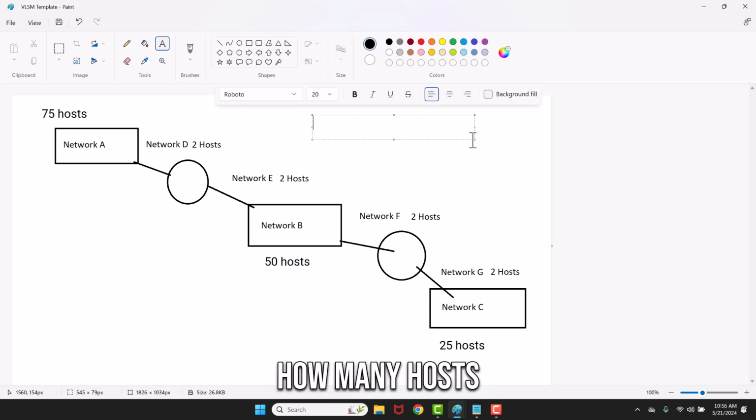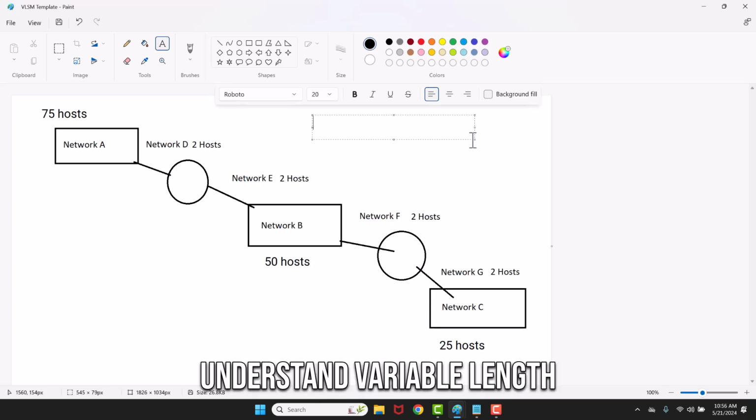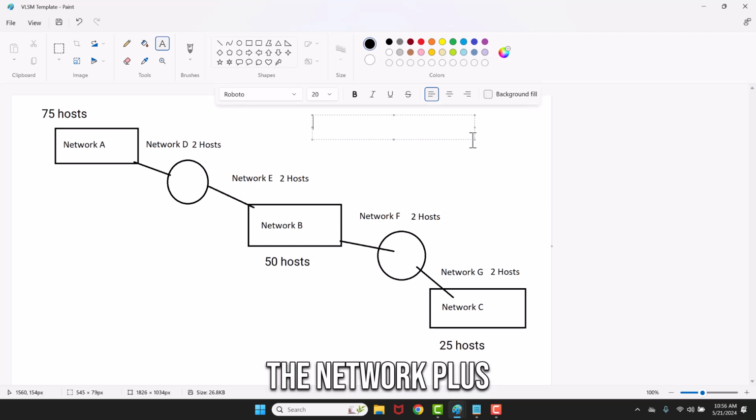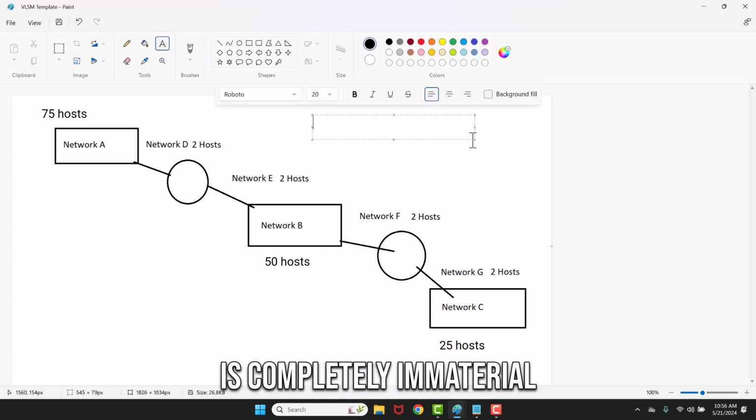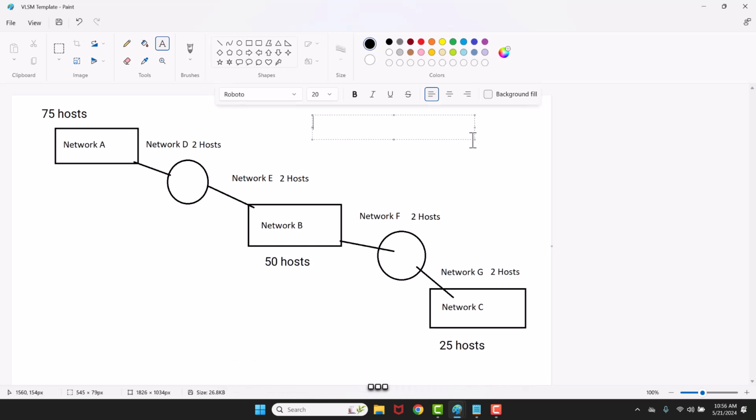How many hosts per subnet do I need? What's the subnet mask to support that number of hosts? That's all we need to solve for. So for this type of problem, if you are simply trying to understand variable length subnet mask for the Network Plus test, the network ID is completely immaterial.